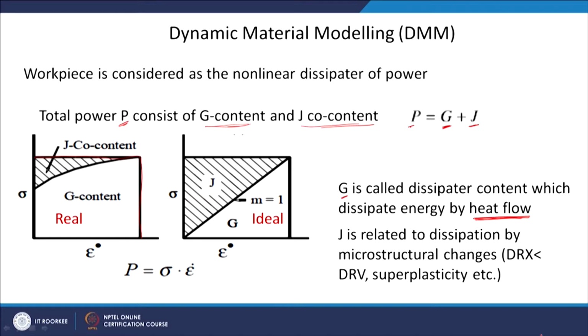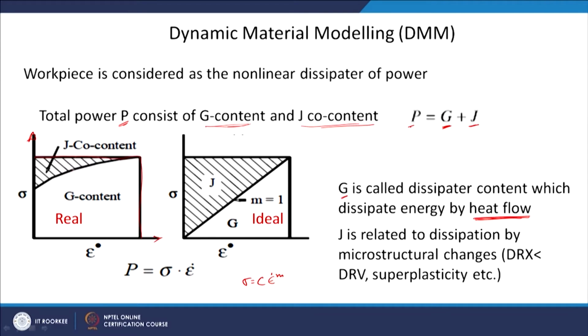As we have already seen, stress varies by an exponential function. If you remember, stress is always expressed as epsilon dot to the power m. That means the stress is a non-linear function of strain rate. Strain rate is on the x axis and stress is on the y axis. You can see that in this deformation behavior of the material, the stress is a non-linear function of strain rate. That is why we are considering it as a non-linear dissipator of power.